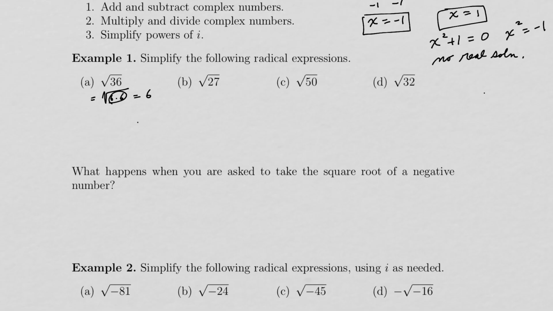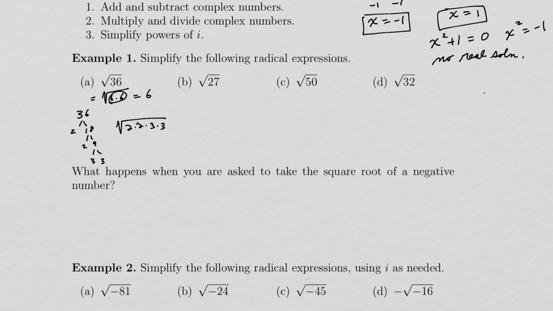The other way of doing this is you could factor 36 into a product of prime numbers. You could find the prime factorization. We could do the tree on it. So this is going to be 2 times 18, 2 times 9, and then 3 times 3. So then I have the square root of, remember, 36 is really 2 times 2 times 3 times 3.